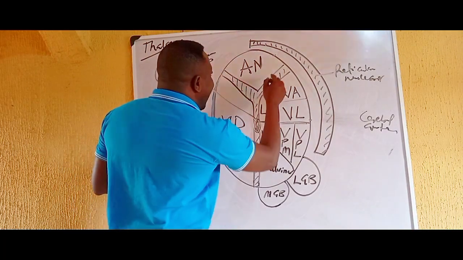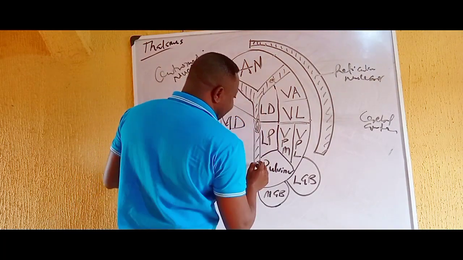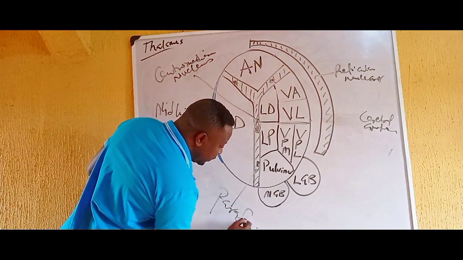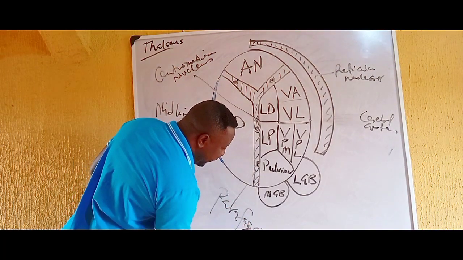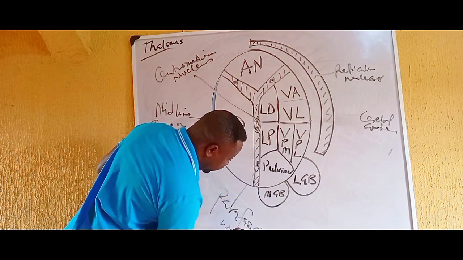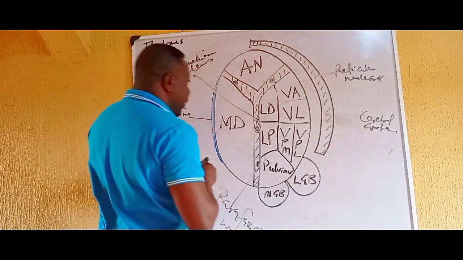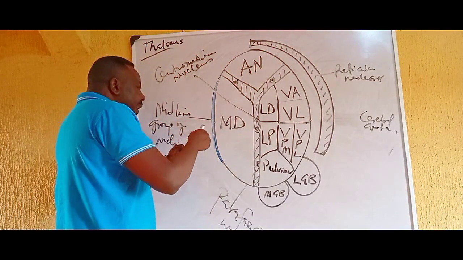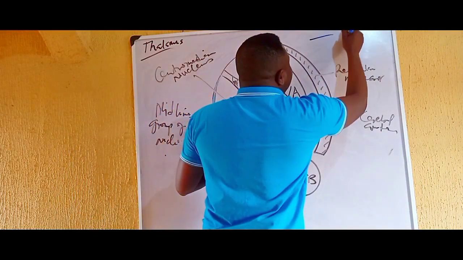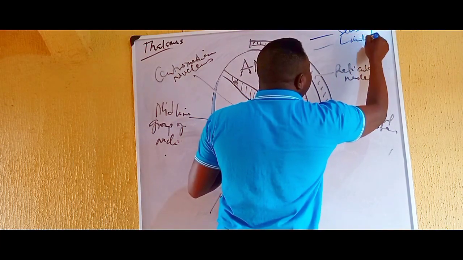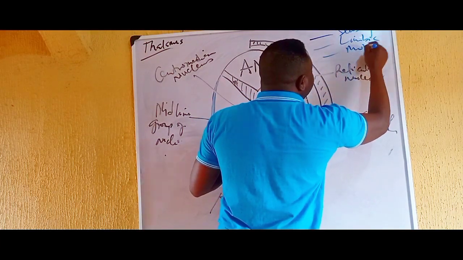And of course, we have another one, a smaller one, that is actually called the parafascicular nucleus. Now, these various nuclei groups actually are involved in sensory function, limbic function, and motor function.